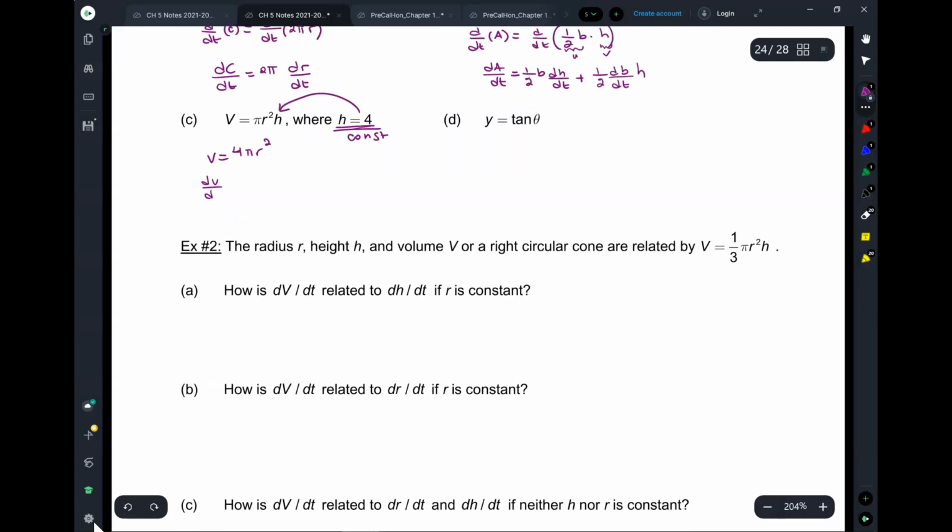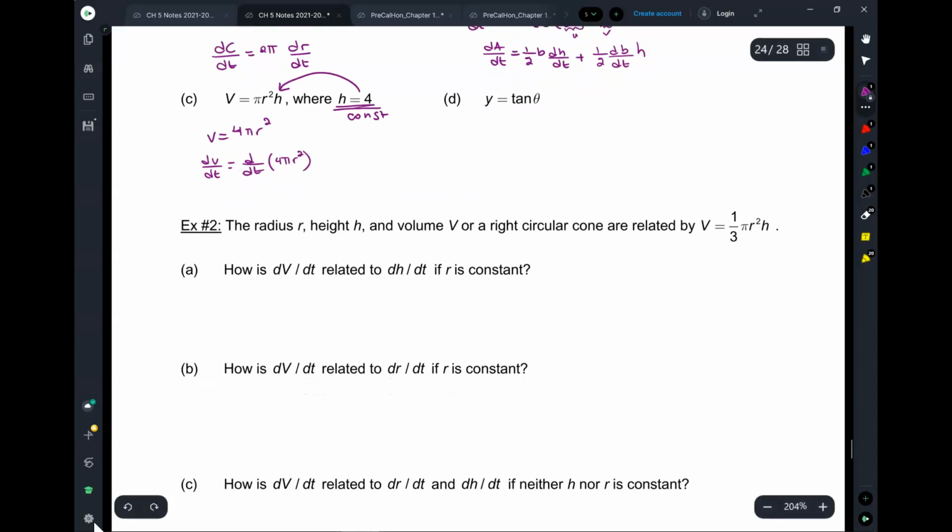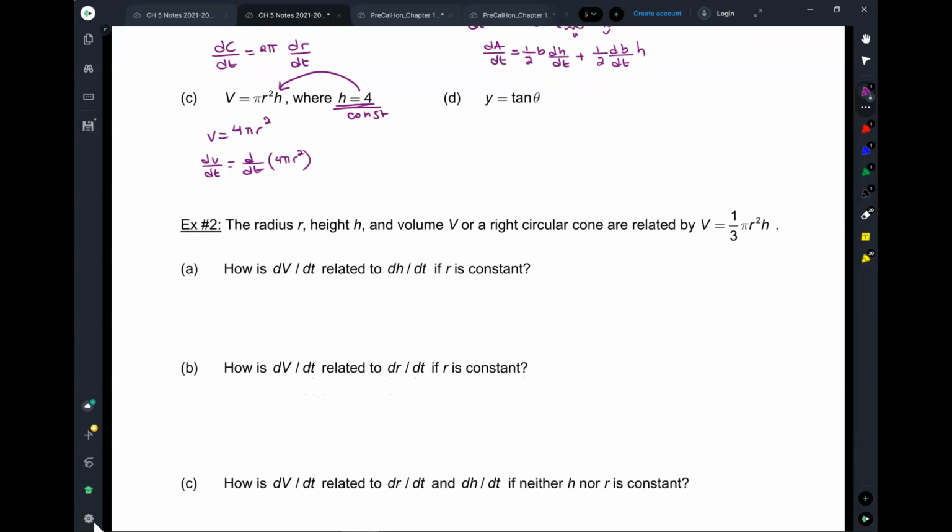So dV/dt is d/dt of 4 pi r squared. The 4 pi will come out, and then it's times 2r dr/dt. So dV/dt is 8 pi r dr/dt.